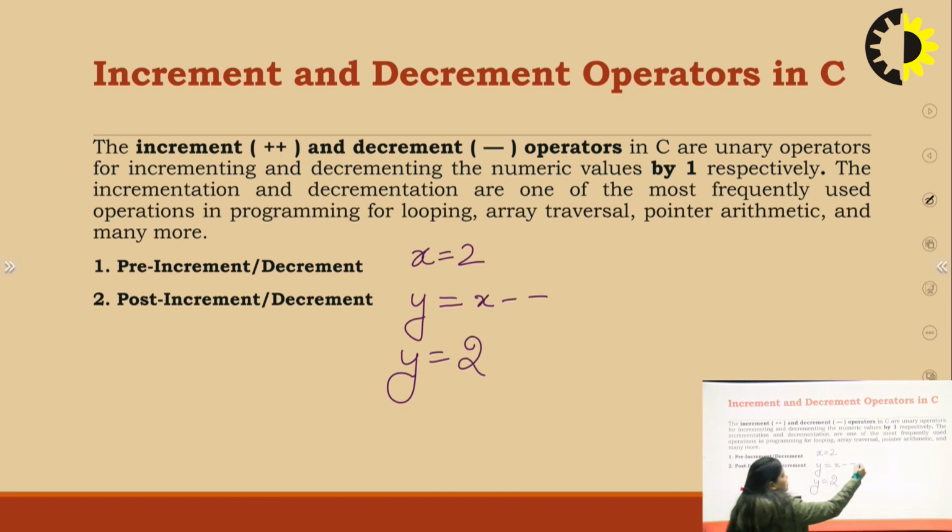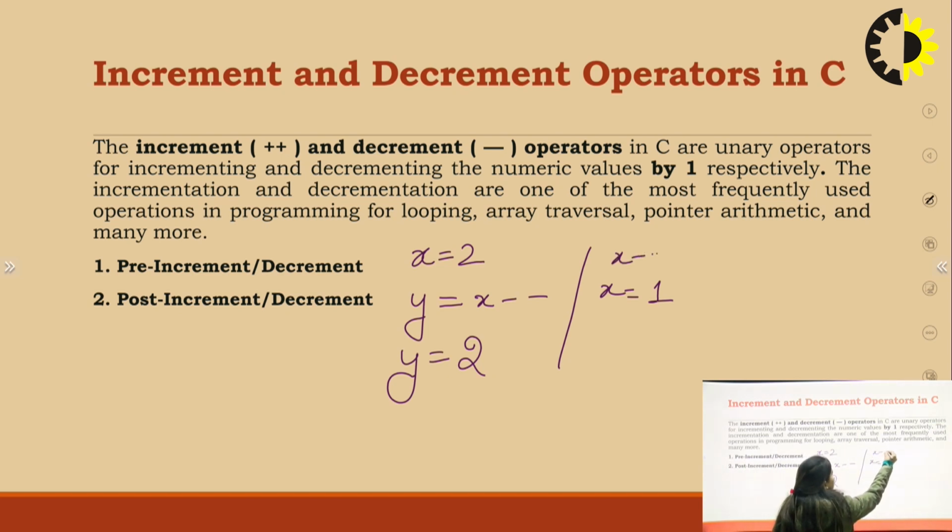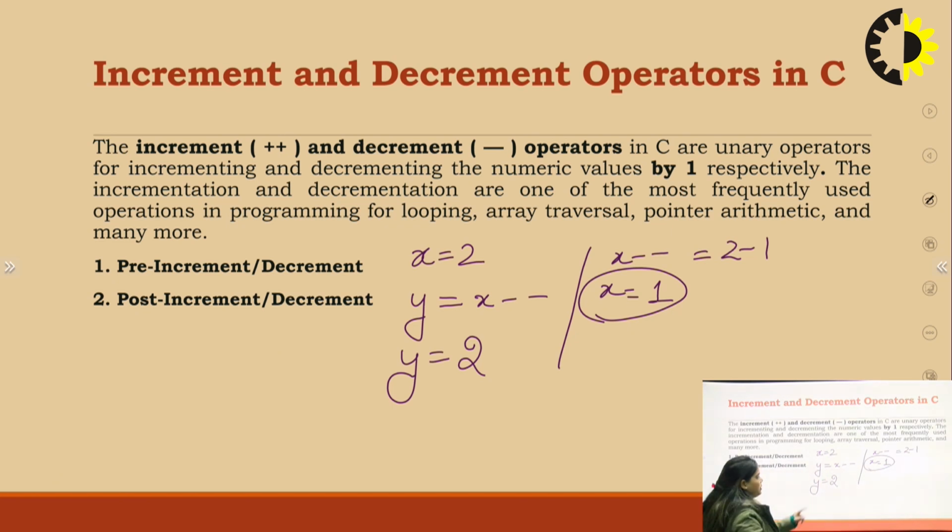Later on x will become 1, as it has decreased the value by 1, because x minus minus is 2 minus 1, so x is equals to 1 later on.